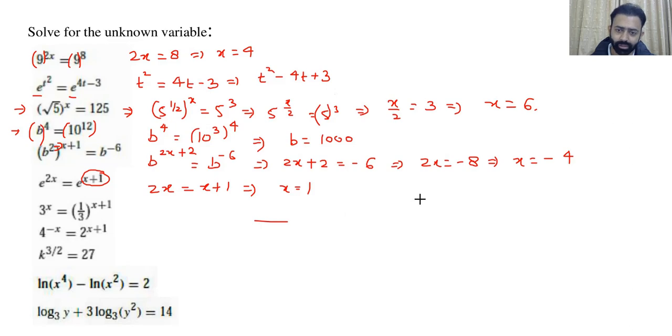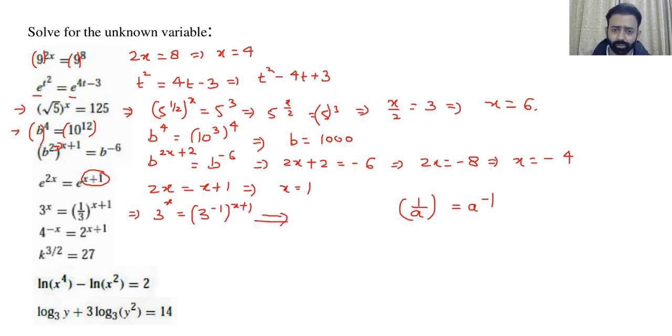We know that 1 by a can be written as a raised to power minus 1 using again the laws of exponents. So this 1 by 3 is in fact written as 3 raised to power minus 1. So rewriting this equation as 3 raised to power x is equal to 3 raised to power minus 1, which is 1 by 3, and this whole raised to power x plus 1, right?